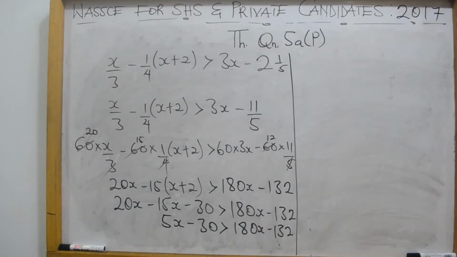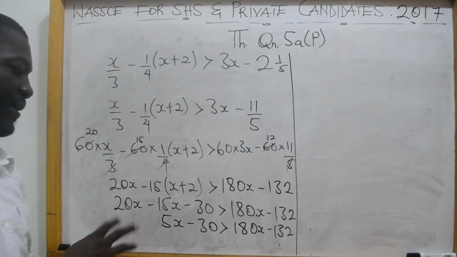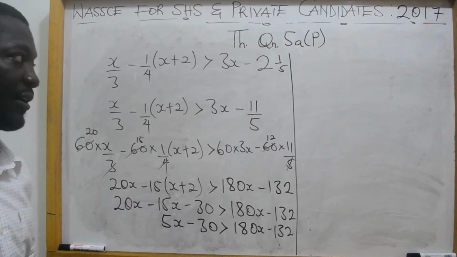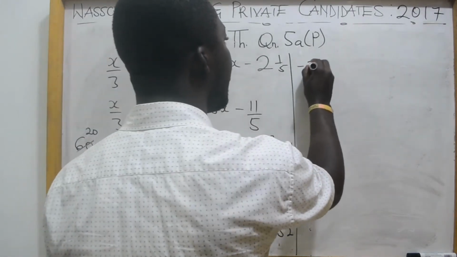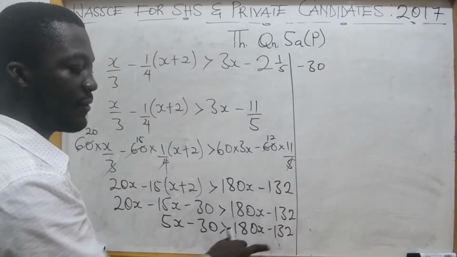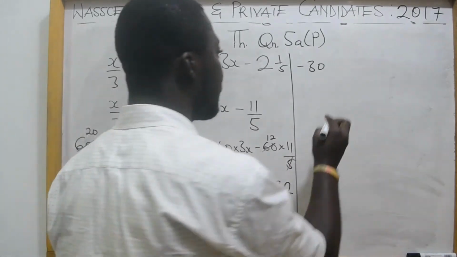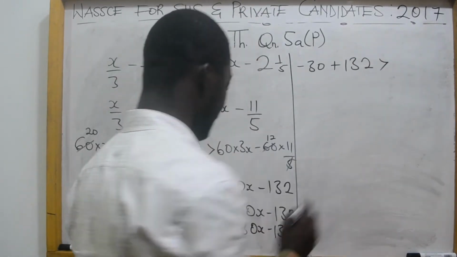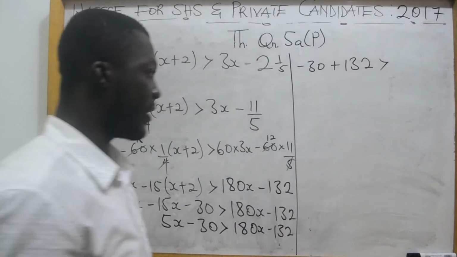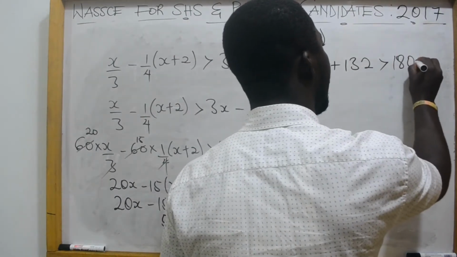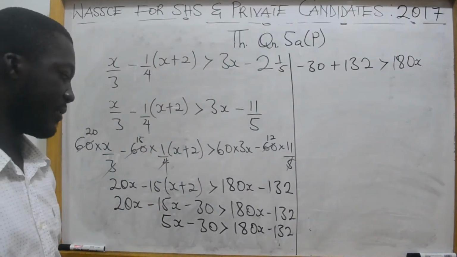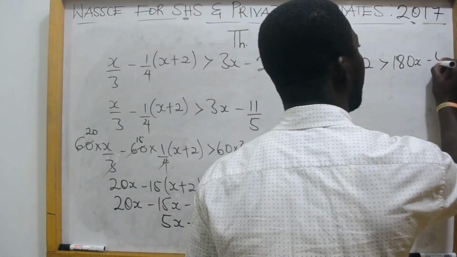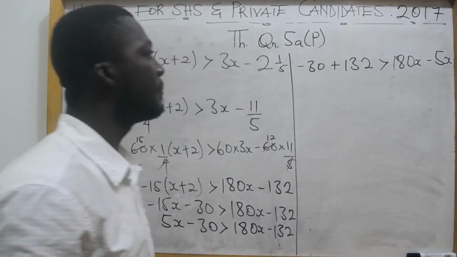Then we collect like terms. In this case, the x's will go to the right hand side and the numbers will come to the left hand side. So we have negative 30 here, negative 132. When it crosses, it becomes plus 132, which is greater than 180x, the 180 is already there, and the 5x will be transposed and it will be negative 5x.